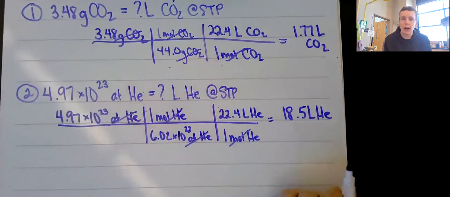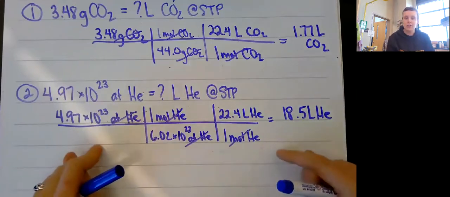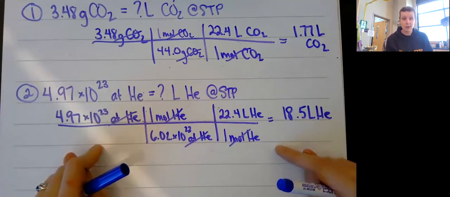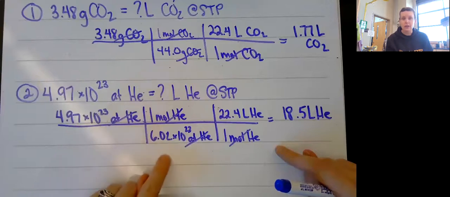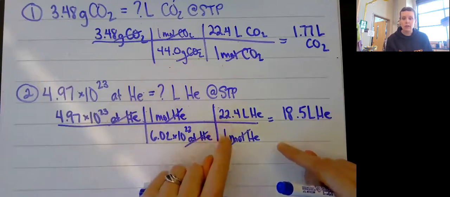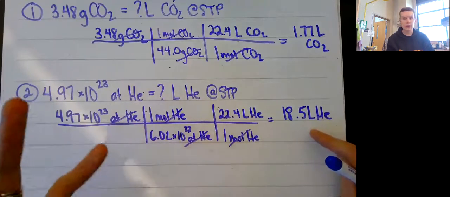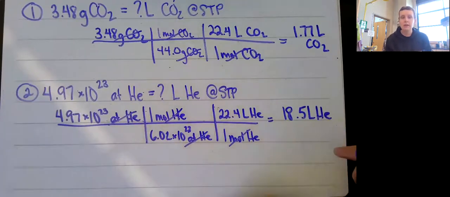If you have not punched one of these problems into your calculator, this is the one you need to punch into your calculator to see if you're using your calculator correctly. If you are not using your calculator correctly, you're going to end up with 1.85 times 10 to the 45th or 46th or something like that.